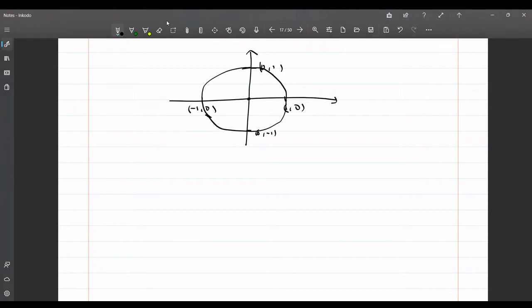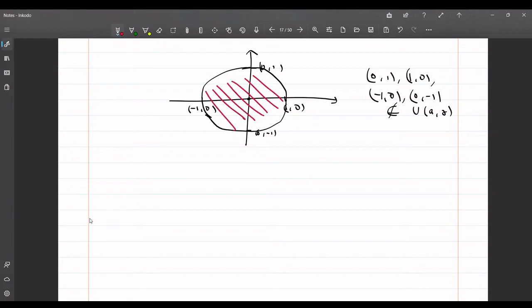This whole boundary is not at all contained in the region, in the open ball. The region inside it is what constitutes the open ball.